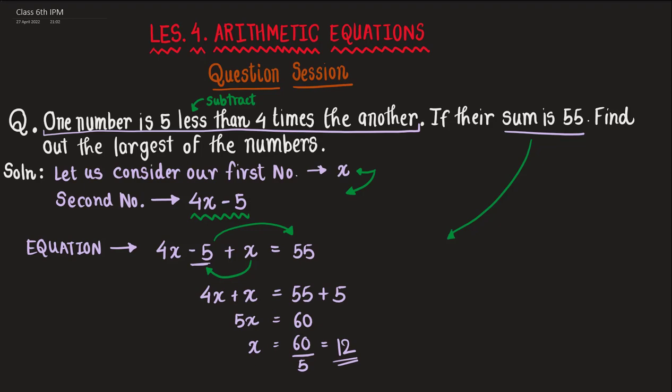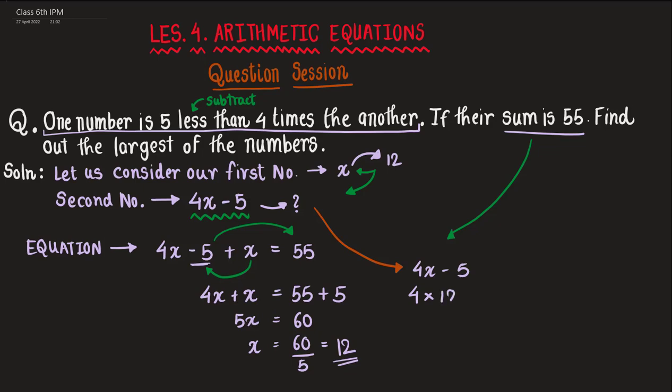So now we have to find the other number. We have got x as 12. So what is our other number? It is 4x minus 5, so 4 into x.